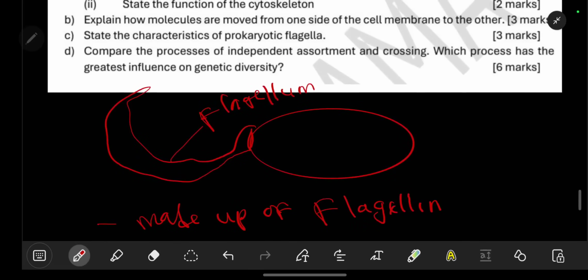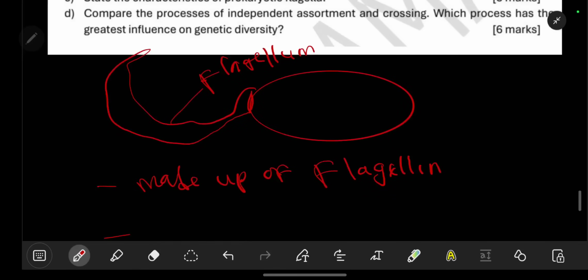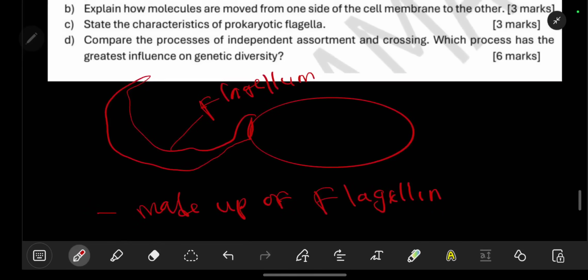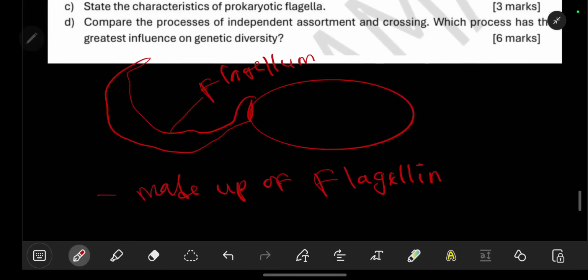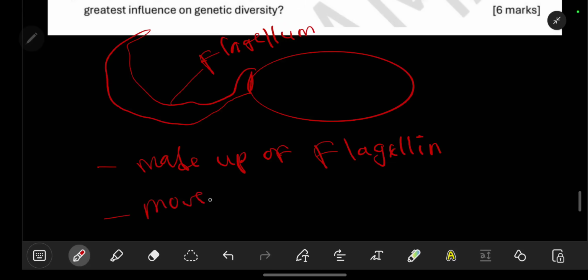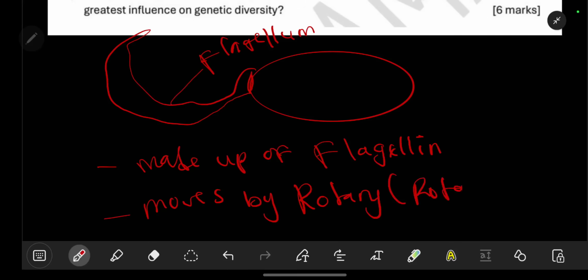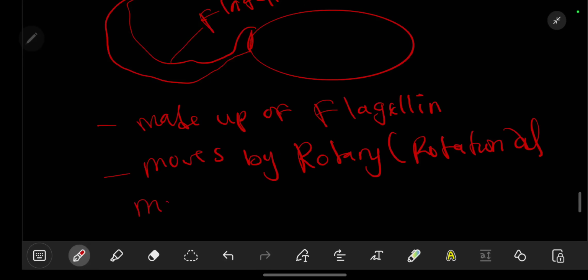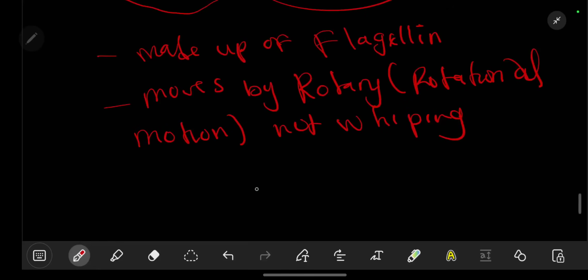Then we are going to have, it moves by rotary, which is rotational motion, not wiping. So it rotates.